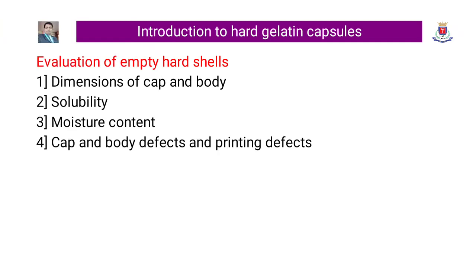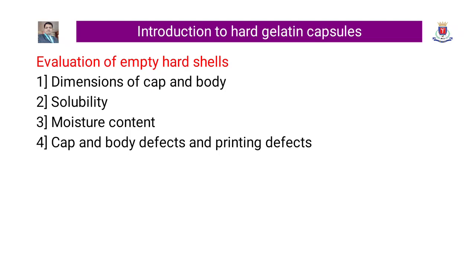Evaluation of empty hard shells. Empty shells are evaluated for dimensions of cap and body. They are compared with the standard dimensions. Solubility. Solubility in hydrochloric acid at 37 degrees centigrade and in water at 37 degrees centigrade is measured.